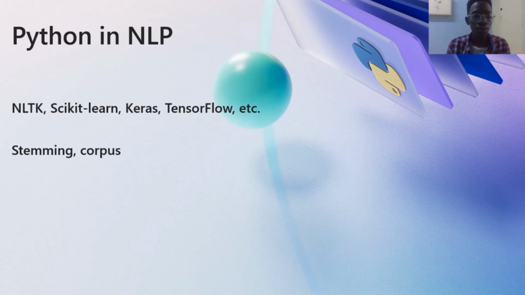For stemming itself, we're talking about finding the root of different words that we have, and you'll see this in action as we go on. The corpus usually consists of the vocabulary of words or the bag of words that we want to use for a particular natural language processing task.